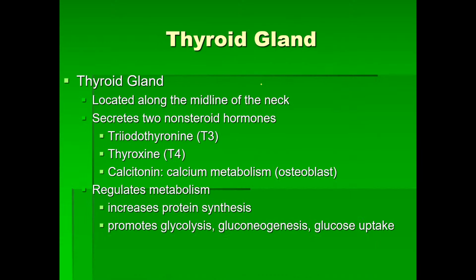Then, if we talk about the next important gland, it is called the thyroid gland. The thyroid gland is the reverse of the pituitary in size. I want to say it is the largest endocrine gland in the body.